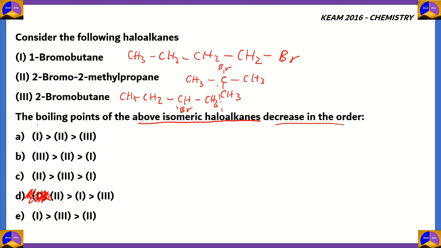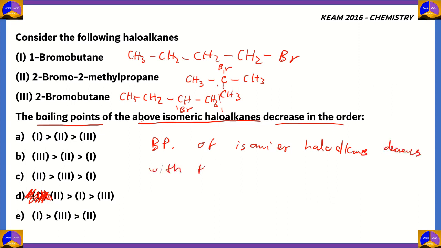Now, we're looking at boiling points. We need to find the relation between the boiling points of these three isomeric haloalkanes. Since we're dealing with isomeric haloalkanes, we can use the property that the boiling points of isomeric haloalkanes decrease with the increase in branching.